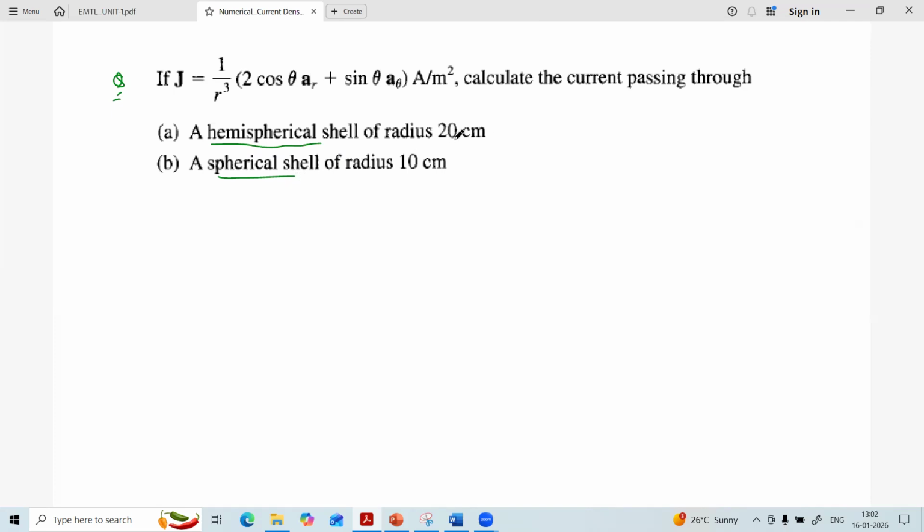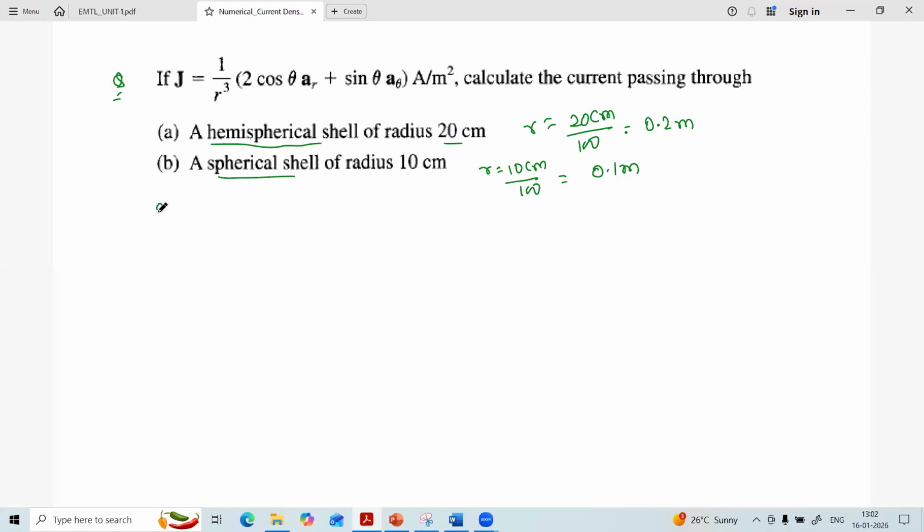For that, different radii are given. The radius is here in centimeters, so we have to convert centimeters into meters by dividing by 100. So we get 0.2 meter. Similarly, in the second situation, again the radius is in centimeters, so dividing by 100 we get 0.1 meter.